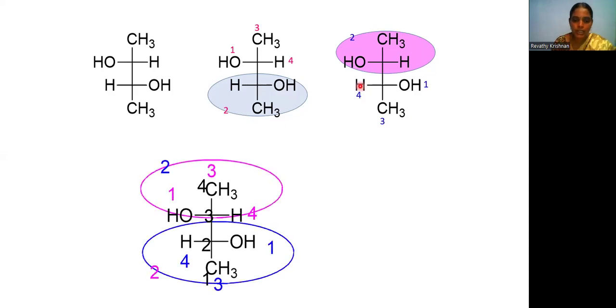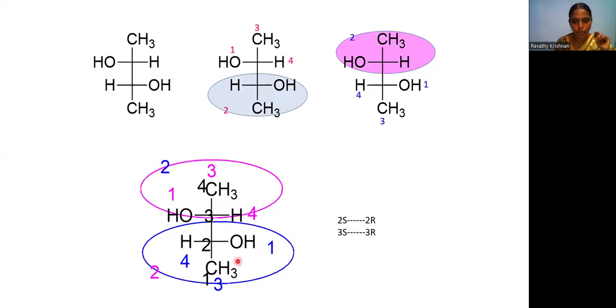So the priority is 1, and then this bulky group has 2, this methyl has 3. So 1, 2, 3. So it is in the anti-clockwise direction. We are expecting it as S, but in case of hydrogen, the lowest priority group, in the horizontal line, it is considered as R.